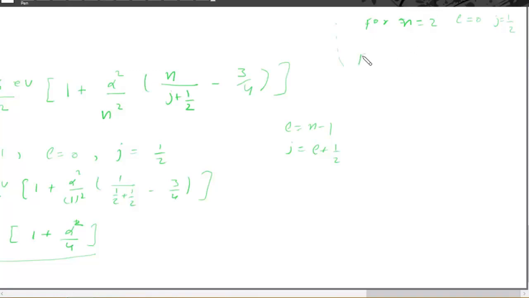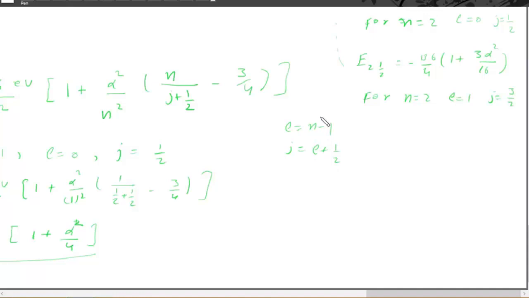Now for this, the energy we can write directly as E2,1/2 is equal to minus 13.6 divided by 4 times 1 plus 3 alpha squared divided by 16. Okay, now for the case n is equal to 2 and L is equal to 1, j becomes 3 divided by 2.